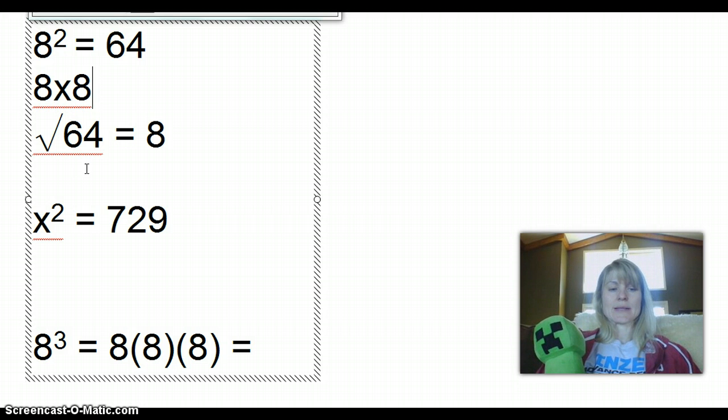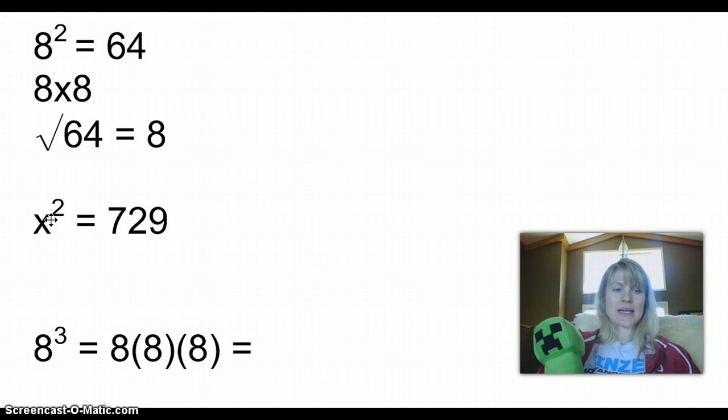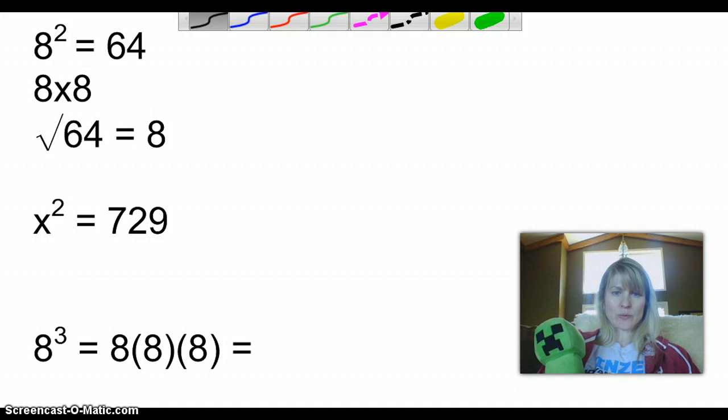So using that concept, I can figure out what x is. I can do that because I know to figure out what x squared is, I can do the inverse. And the inverse of squaring something is taking its square root.